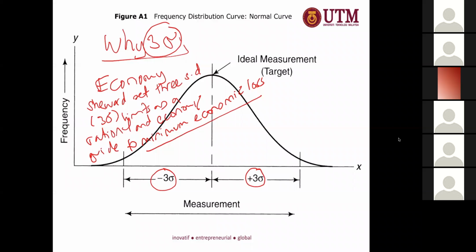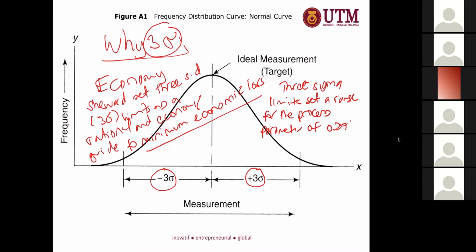So I continue the statement: 3 sigma limit set a range for the process parameter of 0.27% control limits.